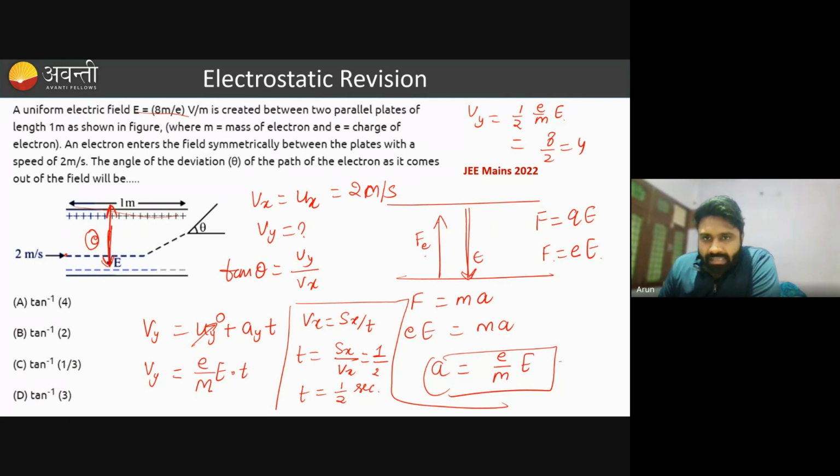So now tan theta is nothing but Vy by Vx. Vy is 4 and Vx is 2, so it will be 2. So theta will be tan inverse 2. So this is the correct option.